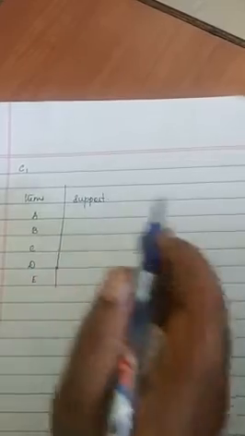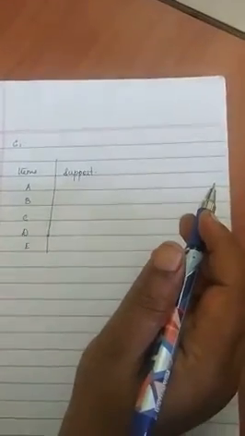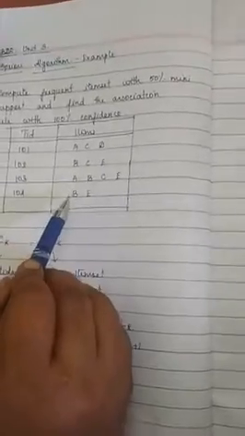Support is the number of occurrences of an item in the transactions. A occurred 2 times. For B it is 3.